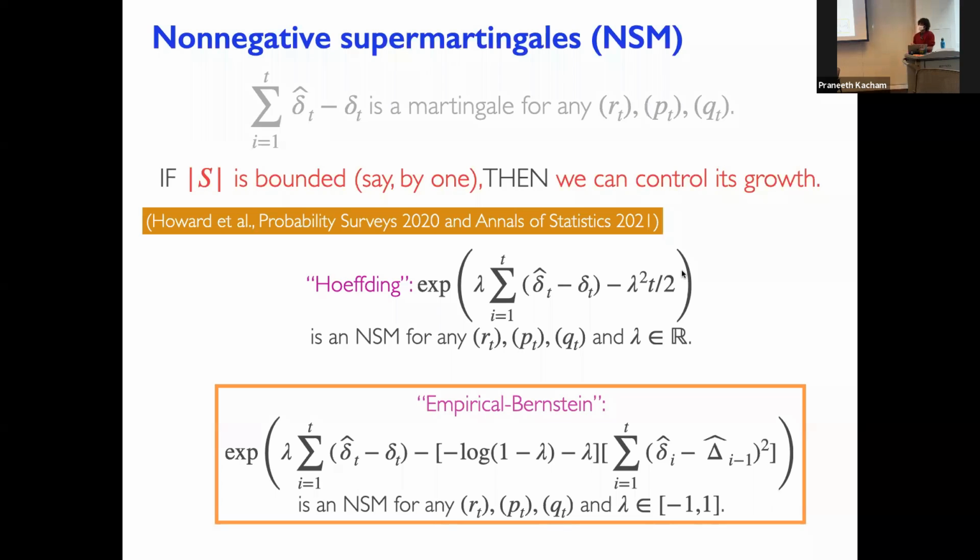So maybe I'm imagining that I'm just using an Azuma bound. Yeah, but it holds for all time, not just for one. Exactly. For now, I've only defined the property of the process, and on the next slide I'll tell you how to use this property.